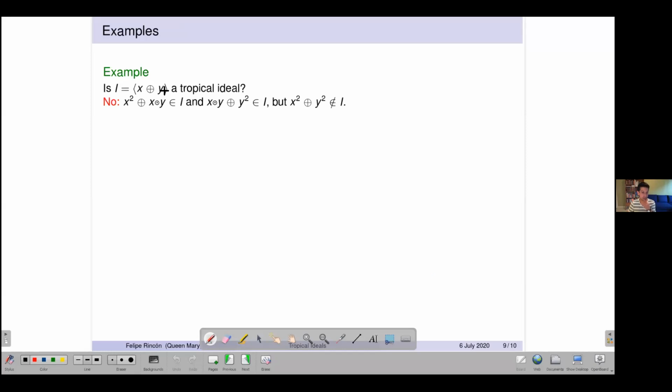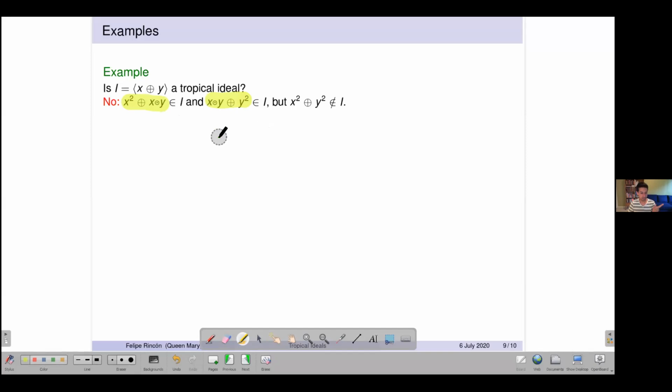But in degree 2, you're going to have x times this polynomial, so x squared plus xy. And you're going to have y times this polynomial, which is xy plus y squared. That means that you have two polynomials in your ideal, this one and this one. They have a common monomial with the same coefficient. xy appears with coefficient 0 here, with coefficient 0 here.